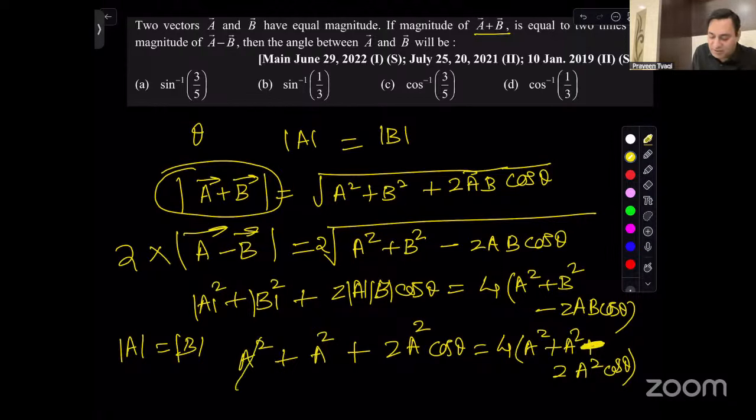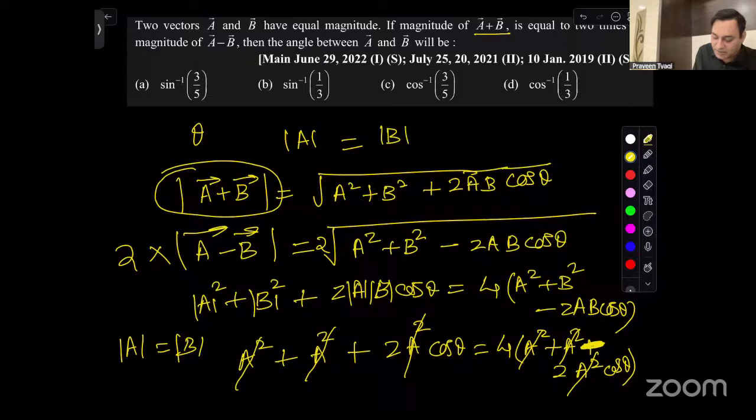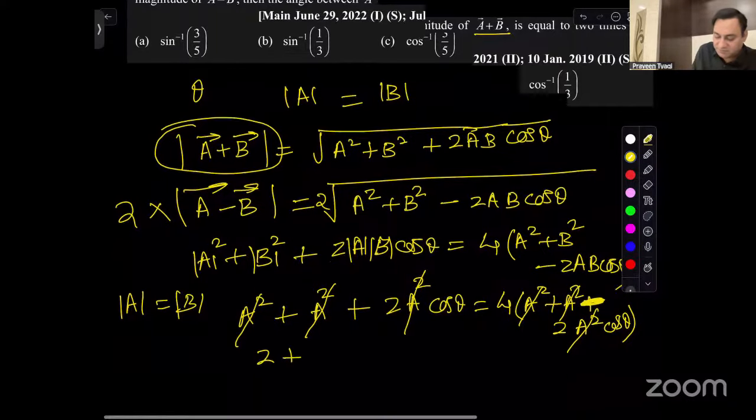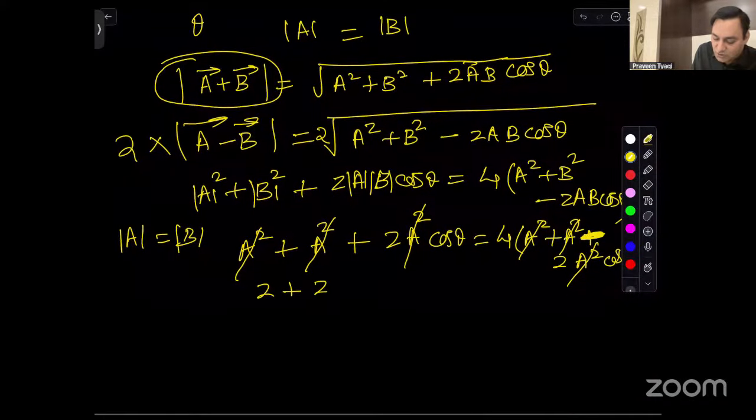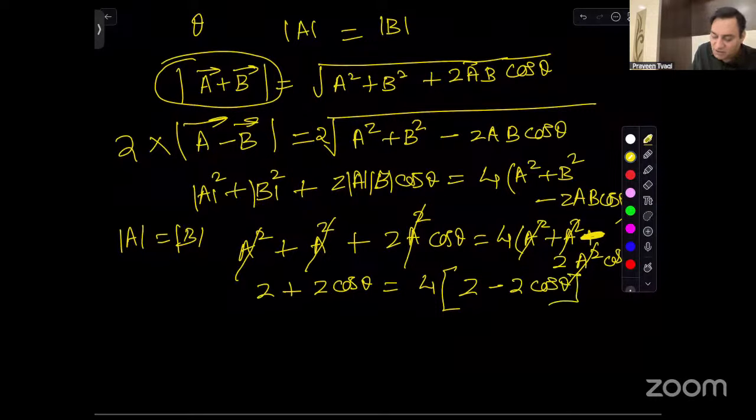Now you solve this equation. A square will cancel from everywhere. And this will be 2 plus 2 cos theta is equal to 4 times 2 minus 2 cos theta. Let's solve this.